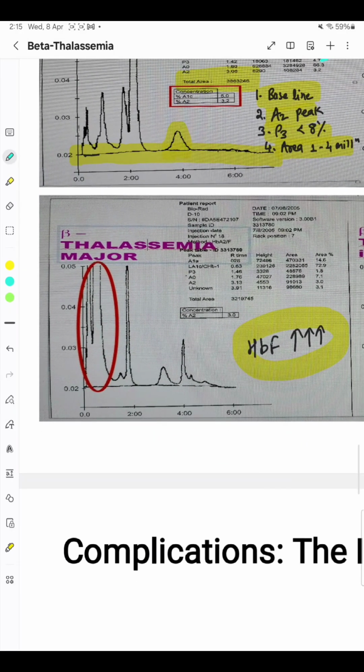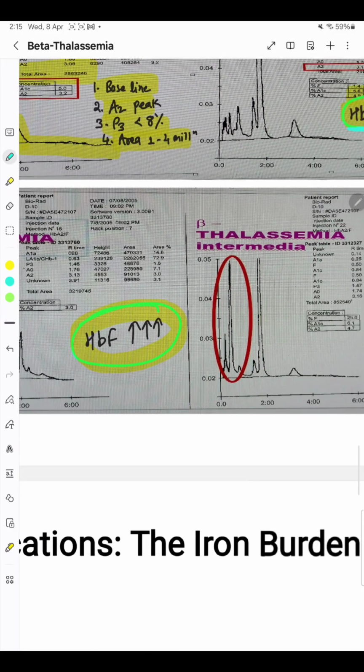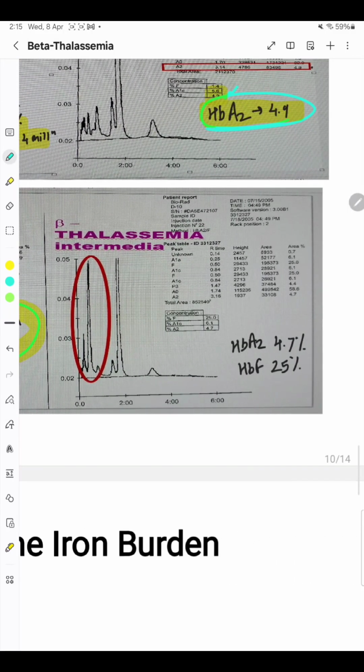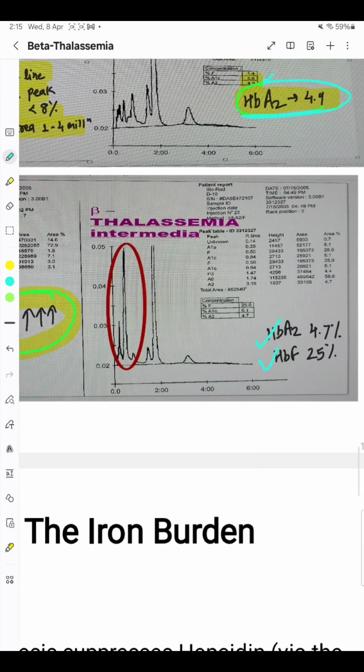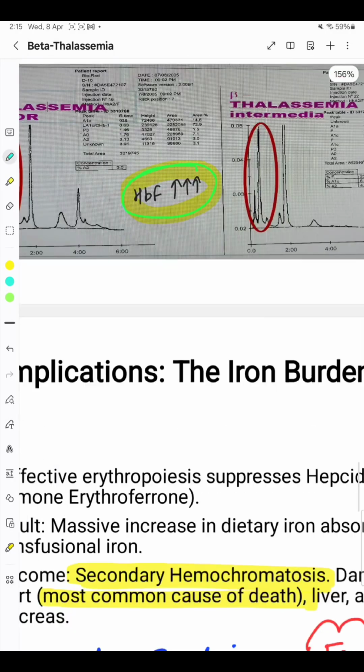In thalassemia major, the main hemoglobin is HbF, and in thalassemia intermedia there is increased HbA2, 4.7%, and HbF is 25%. So in beta thalassemia intermedia there is increased HbA2 between 4 to 9%, and HbF is also raised, somewhere between 10 to 30%.